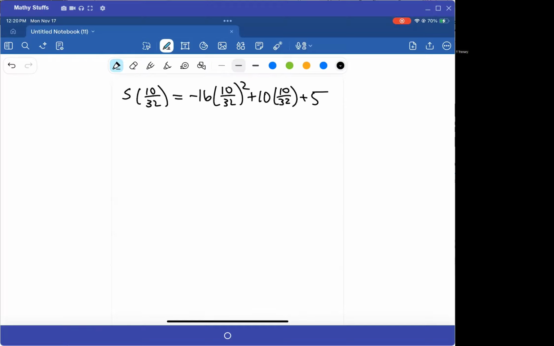So let's see, I've got 10 divided by 32. I'm going to store that in memory. Isn't this nice how I'm just saying all this stuff to you while you look at that screen that's not moving? And then I'm going to square that sucker. And I'm going to multiply that times 16.